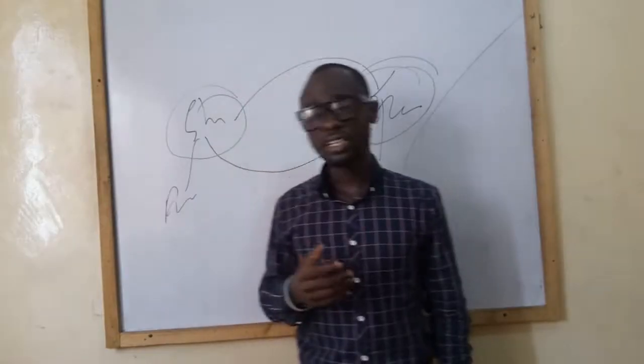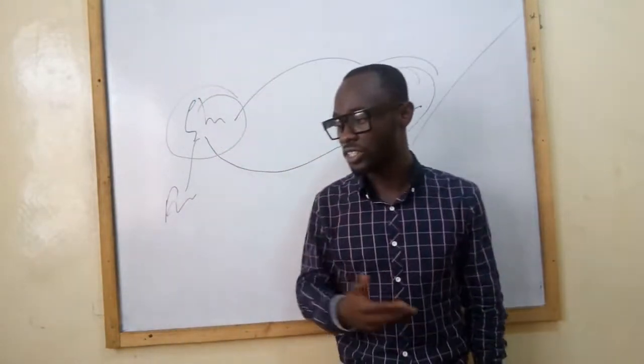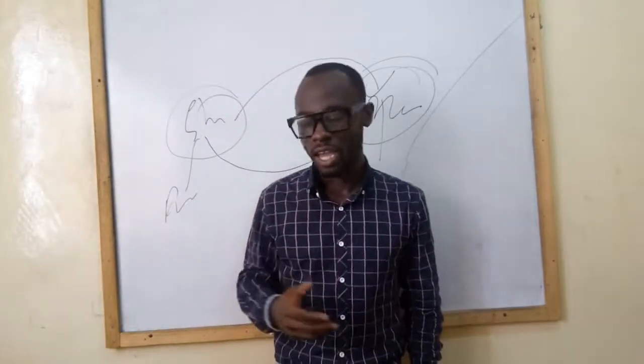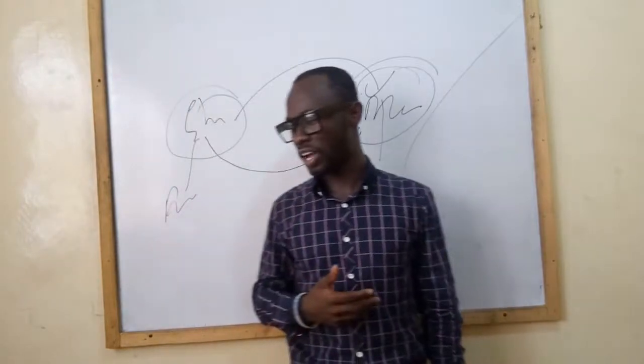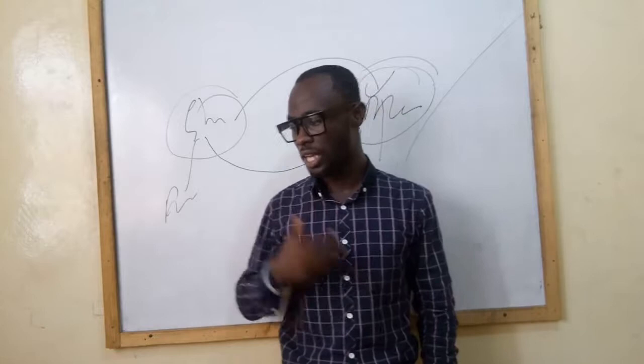Then disclosure and transparency. That is, there has to be a timely and accurate disclosure of information and matters regarding the company. That is the financial situation of the company, the foreseeable risk factors of the company, that is the issue about going concern status of the company, among others.